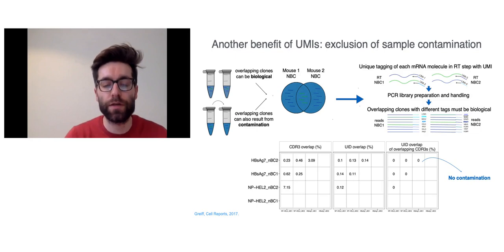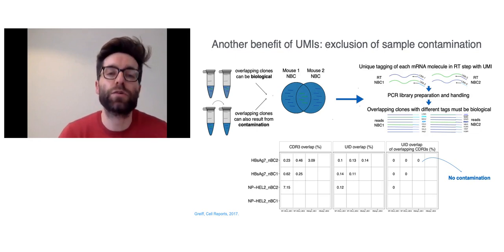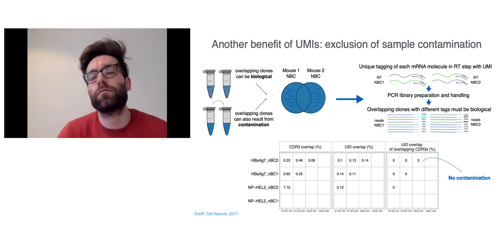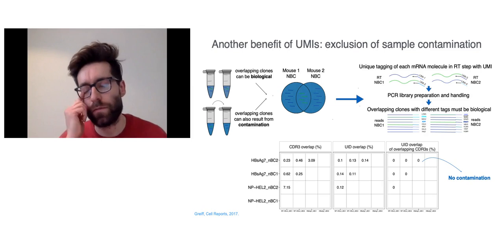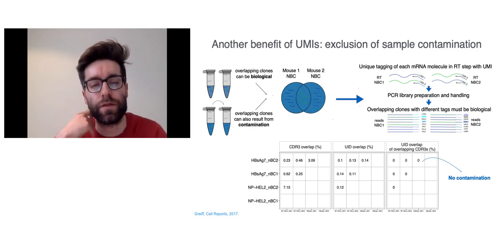So CDR3s that are overlapping and also have the same UMI are most likely contamination. And here we could exclude contamination, for example. So I haven't seen so many papers using that approach, but I think it's a very nice way of using UMIs.